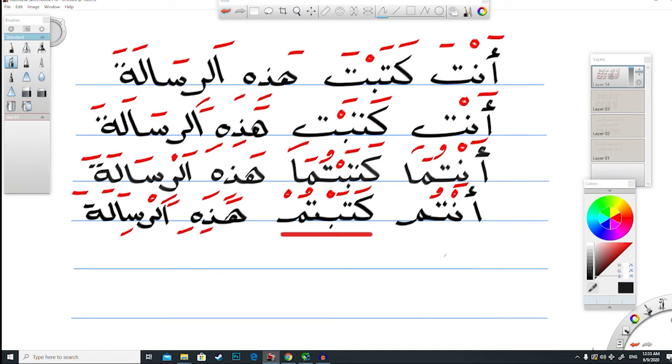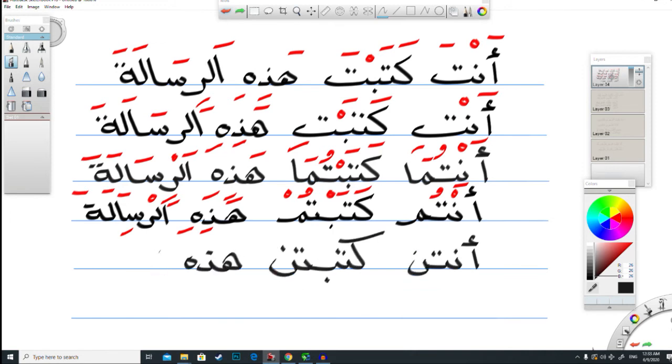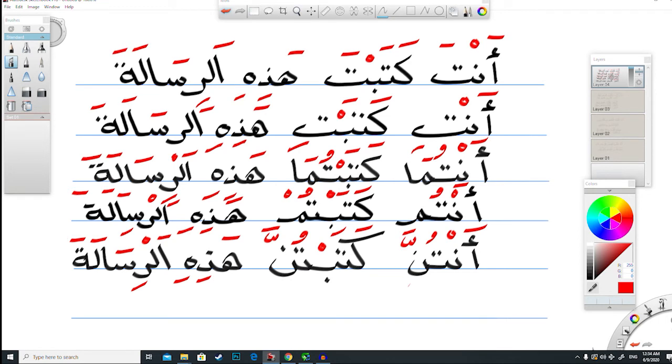The next one is plural feminine. أنتن, notice the shadda again. أنتن, "you" for plural feminine. كتبتن, and we can notice the shadda here as well. كتبتن, you wrote this message. هذه الرسالة. أنتن كتبتن.